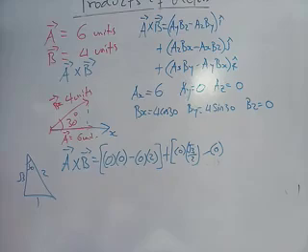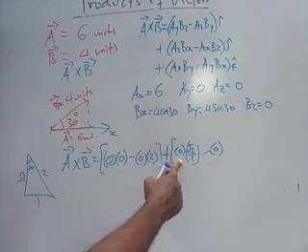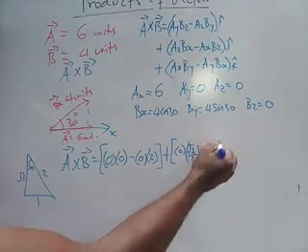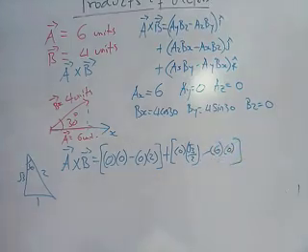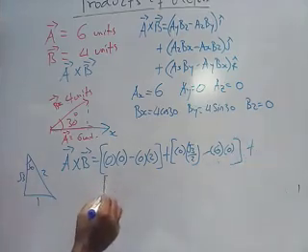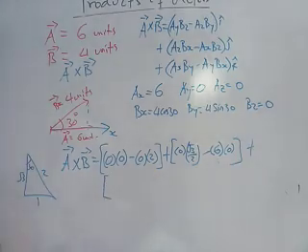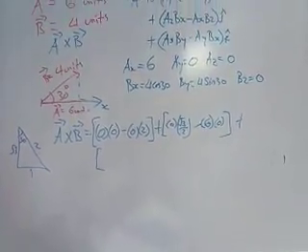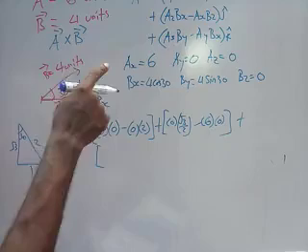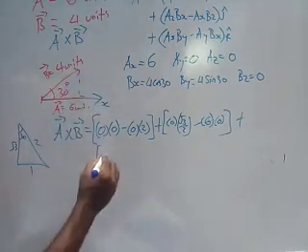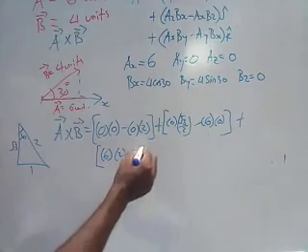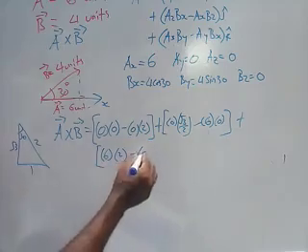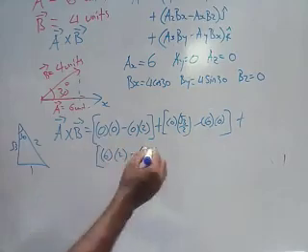What am I doing? AZ, BX, AX, sorry, 6, BZ is 0, plus AX, 6, BY is 2, minus, open bracket, AY is 0, BX root 3 over 2.